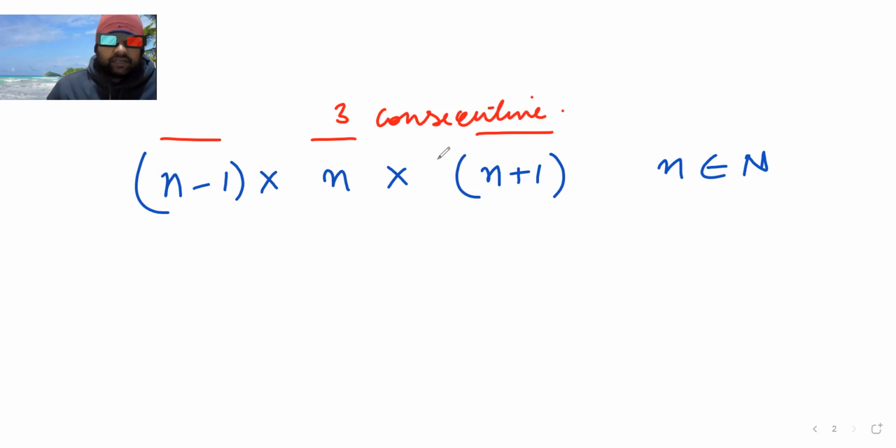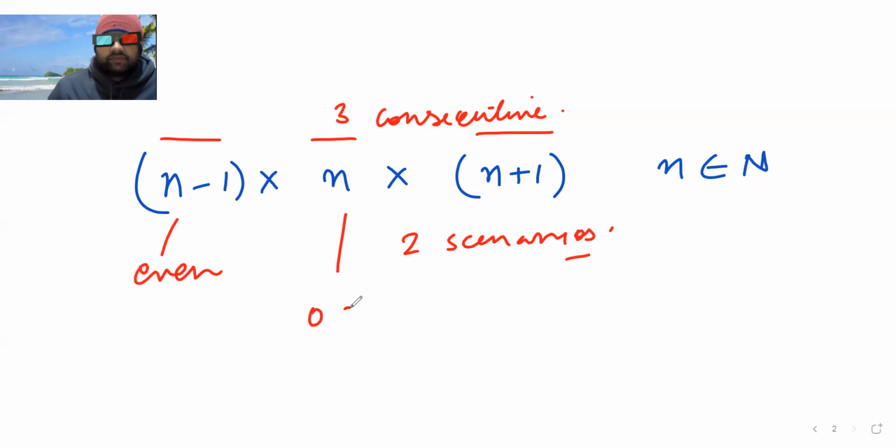Now obviously, if there are three consecutive numbers, they will always be divisible by 6. But hey, you will not believe me again, right? There are three consecutive numbers, which means there will be two scenarios. In scenario 1, this number will be an even number, this number will be an odd number, and this number will be an even number.